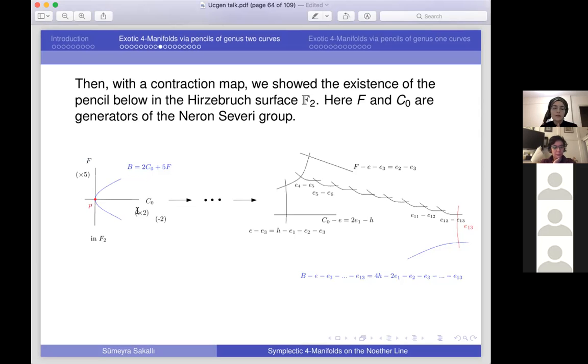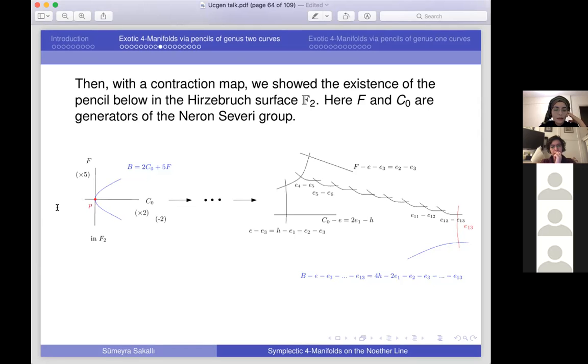And their formal sum is a member of a very ample linear system. And also, for instance, if you look at this curve B, this is an irreducible curve, and it is another member of that very ample linear system. And we also have this special tangency, the point P. And this is what is called a pencil of complex curves.